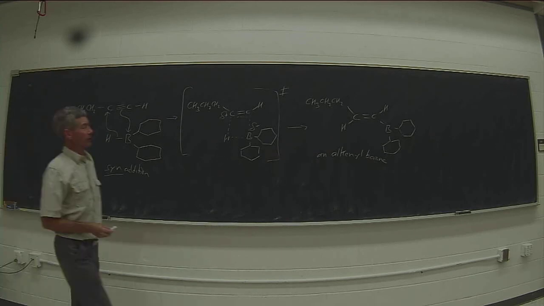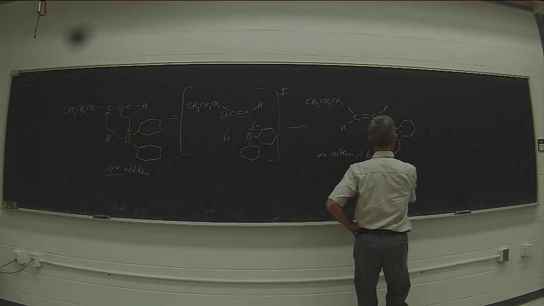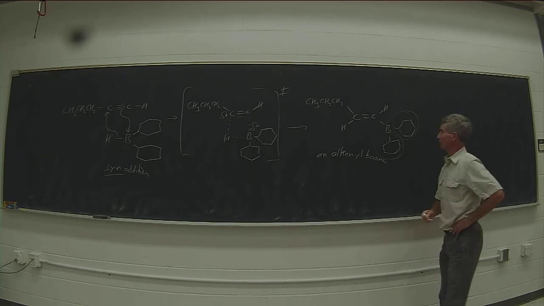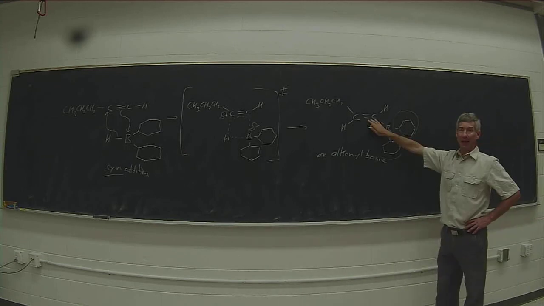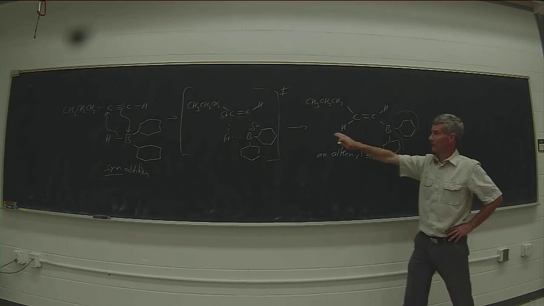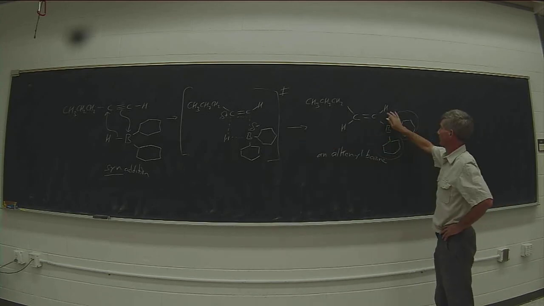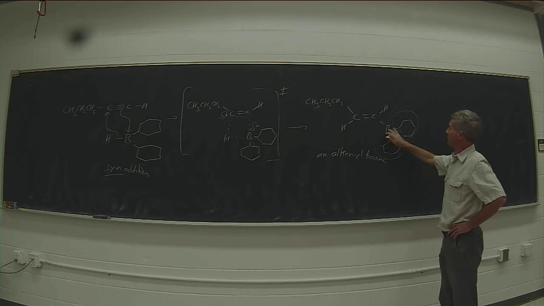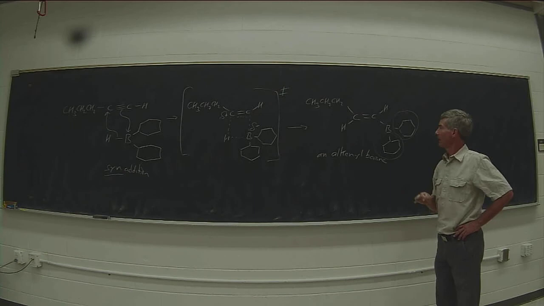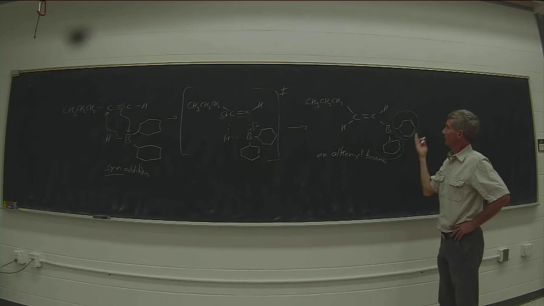Because we've got steric hindrance here, with these two bulky cyclohexyl groups, it's not likely that this alkene is going to add to another molecule of dicyclohexyl borane to form a diboron compound. And because there's no additional hydrogens attached to the boron, it's also not possible for a second alkyne to add to the boron.